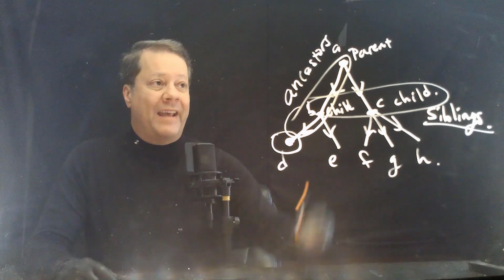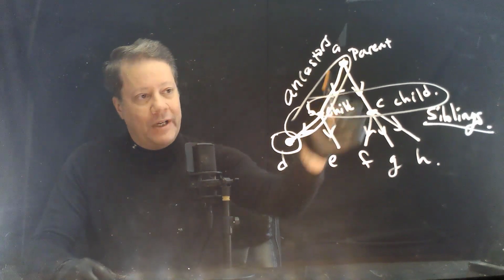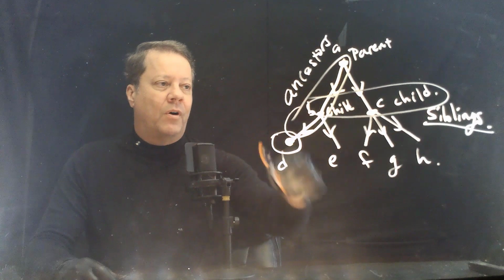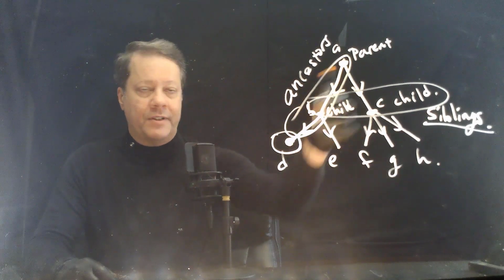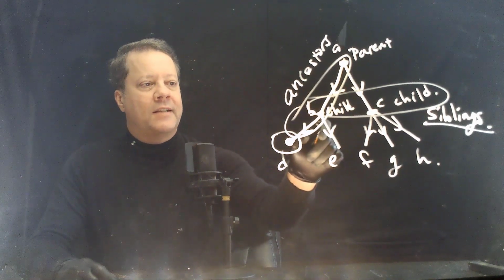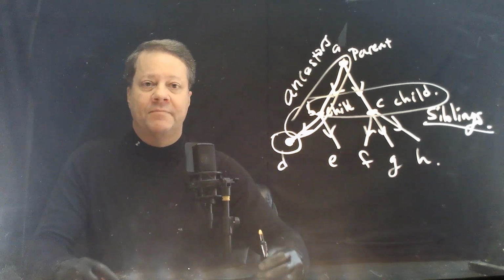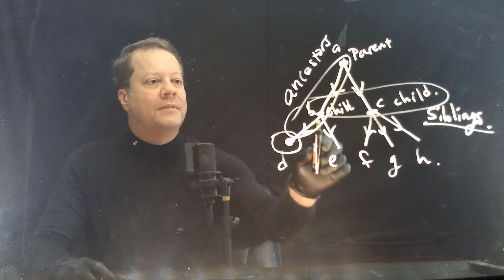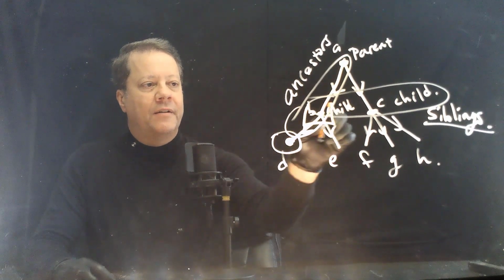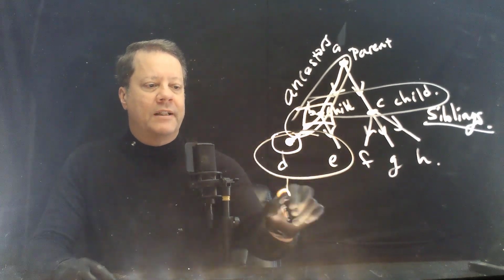Well, if you can have ancestors, then you can have descendants. All of these other points in the graph are descendants of the root. The descendants of vertex B will be D and E. So if we're focusing right here, then these two are the descendants.